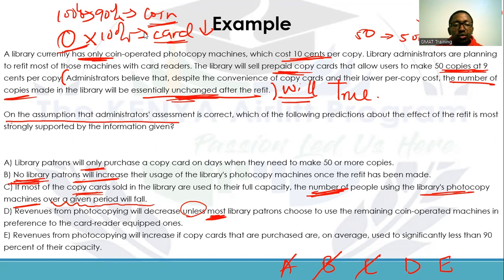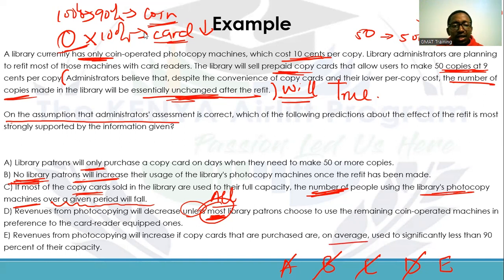Then you would be sure that the revenue would at least remain the same. So most here is not enough. We need all library patrons to choose to use the coin-operated machines only. So D is out.